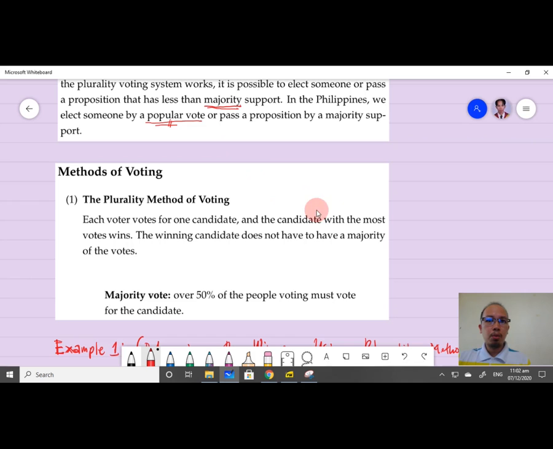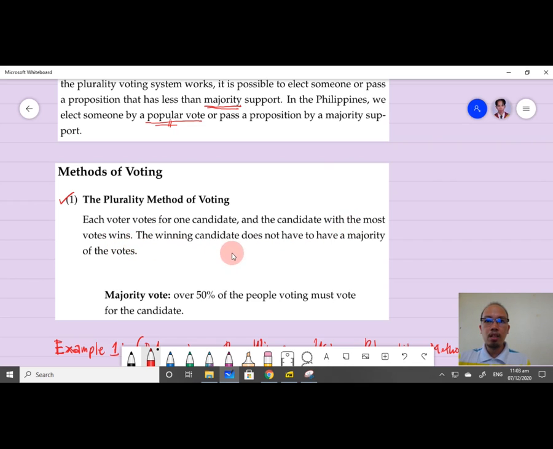Okay, so what is the so-called plurality method of voting? So we have here the plurality method of voting. This is a kind of voting in which each voter votes for one candidate, and the candidate with the most votes wins.